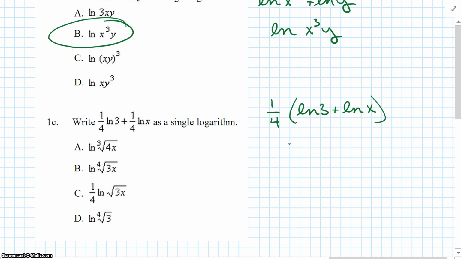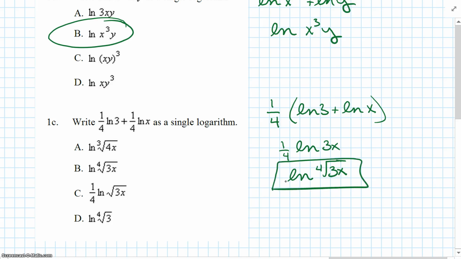Okay, so we could say it's 1/4 the natural log of 3x. So we could also rewrite it as the natural log of the 4th root of 3x. So the answer would be B.